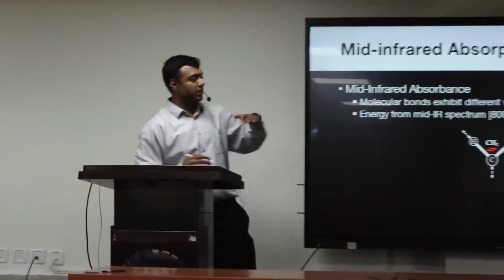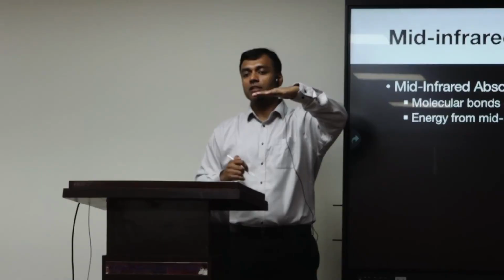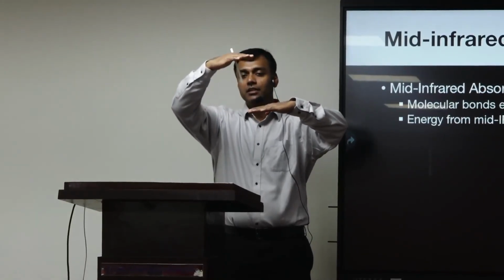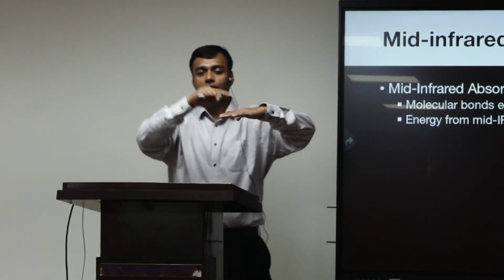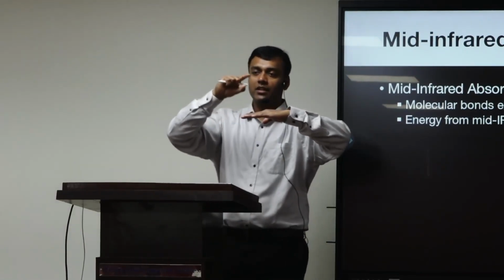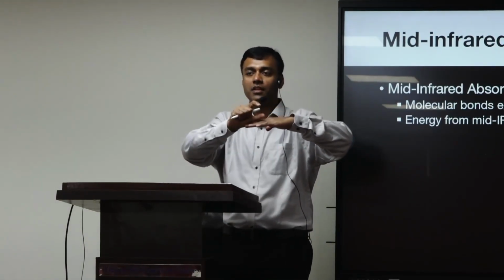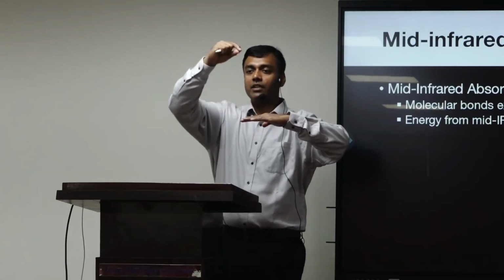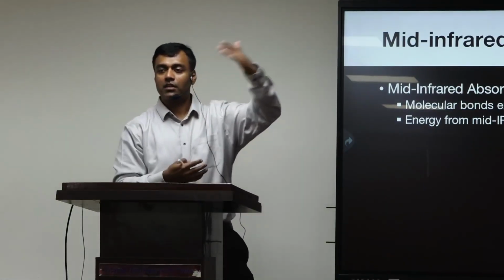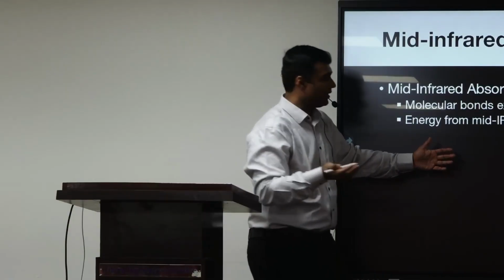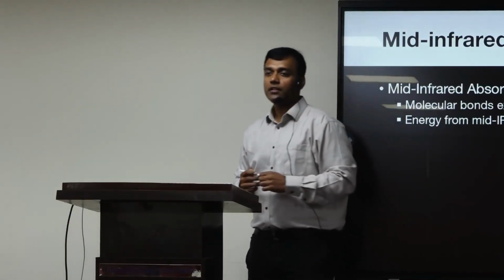And so, if there is one level for a molecule at a certain position, and there is a second level, and light of that difference in frequency, that difference in energy, is incident, that light will get absorbed, and the molecule will transition from one level to the other. That's the essential idea here.